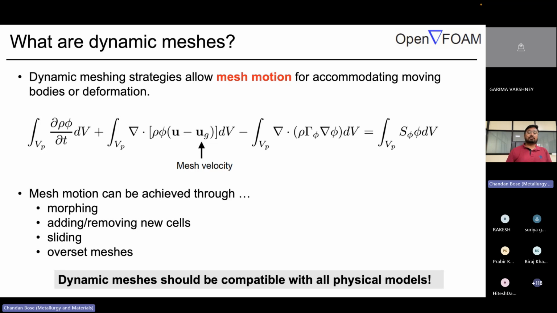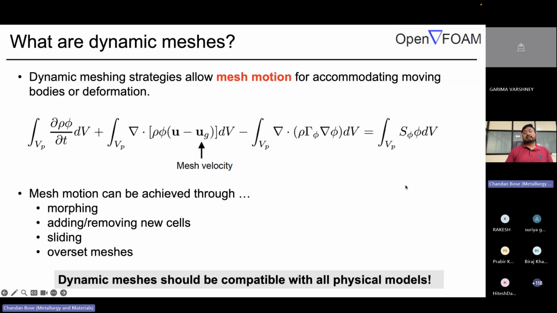We can slide a certain region of the mesh. If particularly we have a rotating component, we can do it by using arbitrary mesh interfaces. Also, we have an interesting concept of disconnected meshes, which is called overset meshes. I will come to the details of what these actually mean.